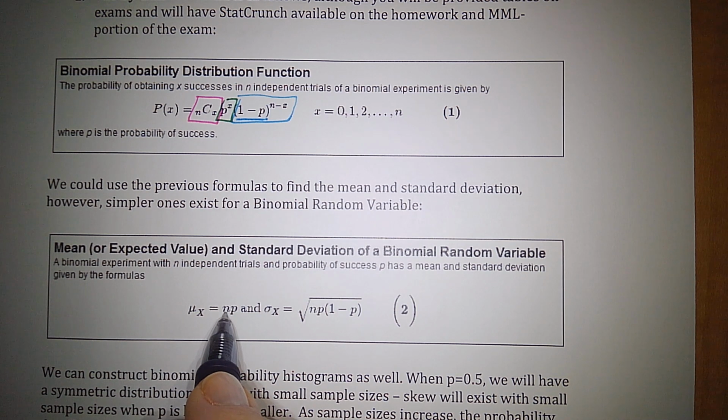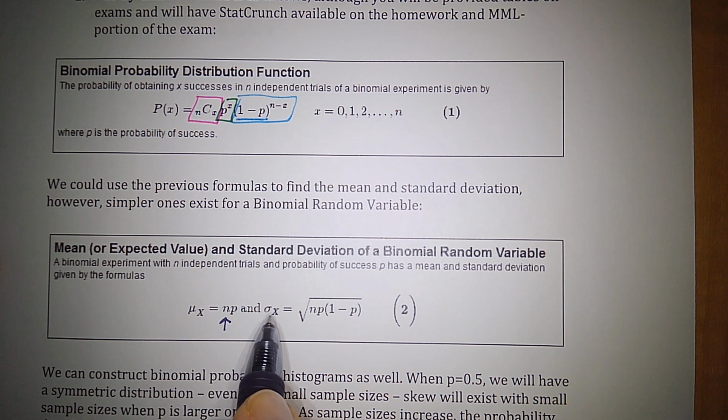For example, if you have 100 people in a room, and you know 60% of them were going to have blue eyes, then 100 times 60% is 60, meaning you would expect 60 people to have blue eyes. So you're basically taking the probability of success times everybody in the room to give you the total probability of a success.